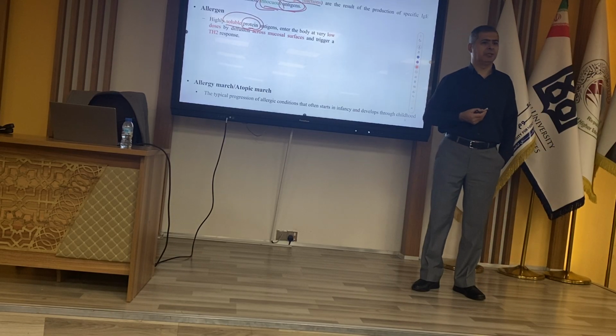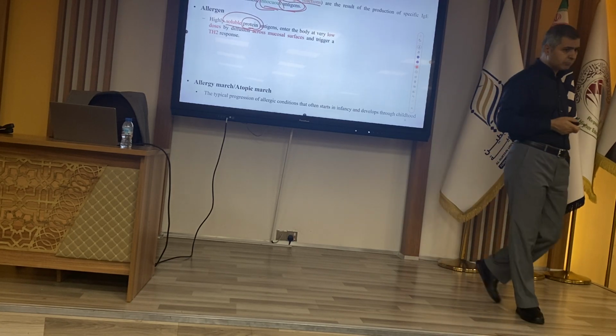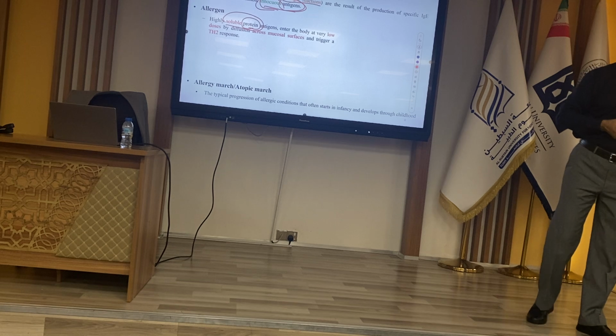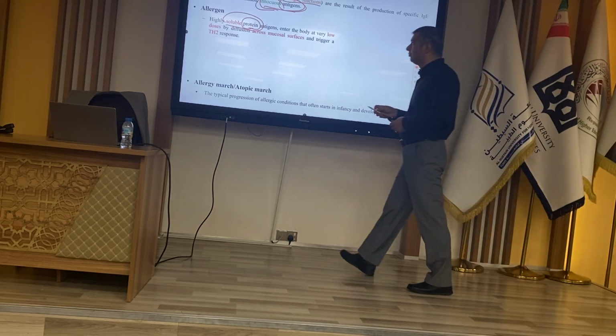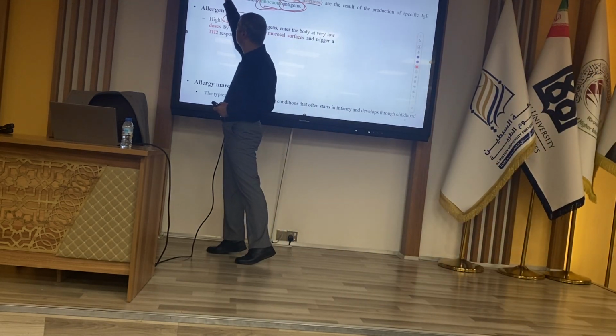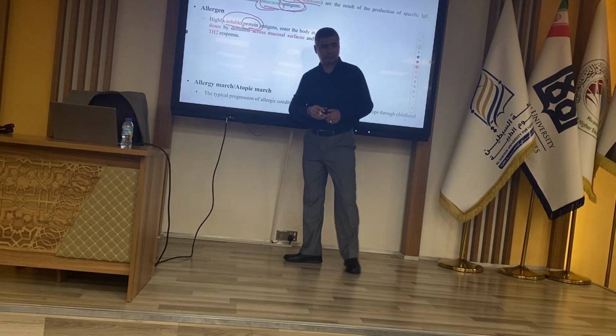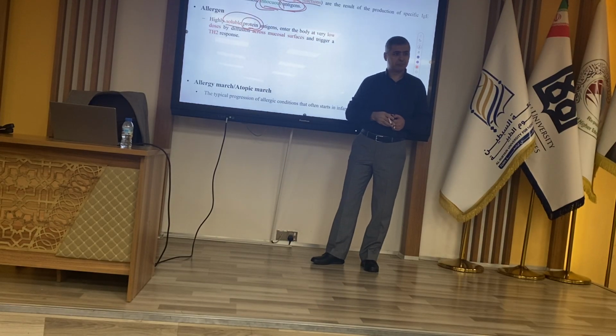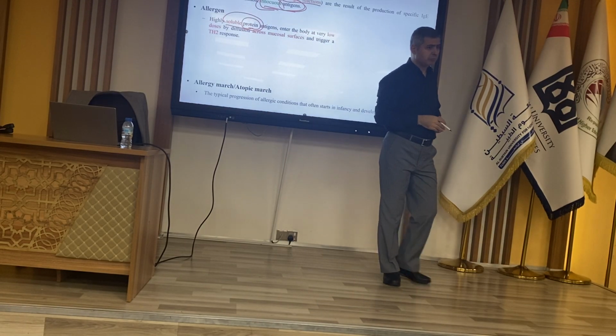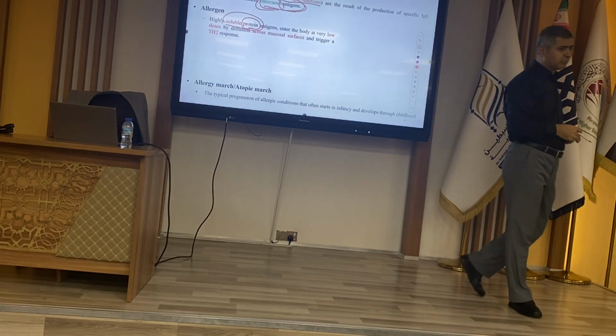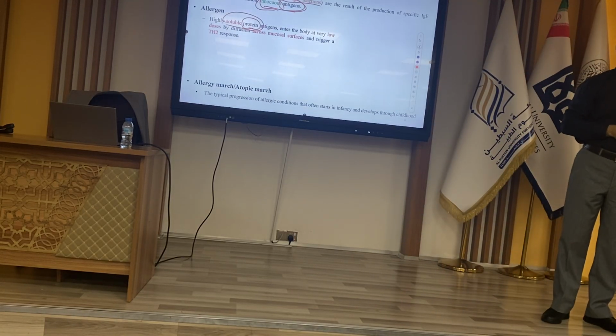What's the reason behind it? Because they trigger a T helper 2 response. A T cell can make an immune response if it binds to an MHC receptor by a protein.